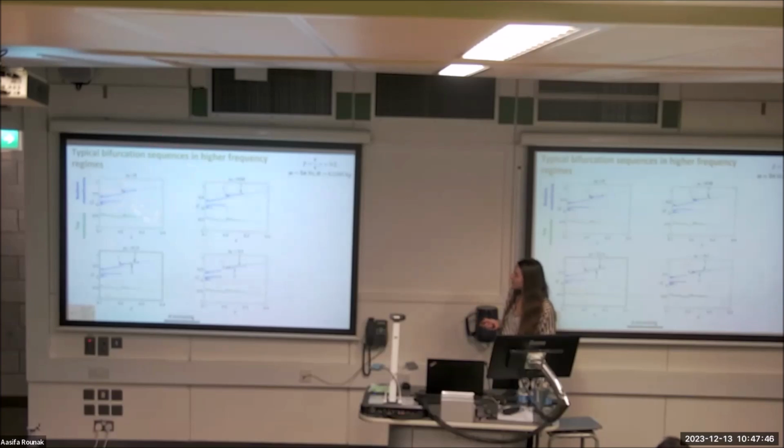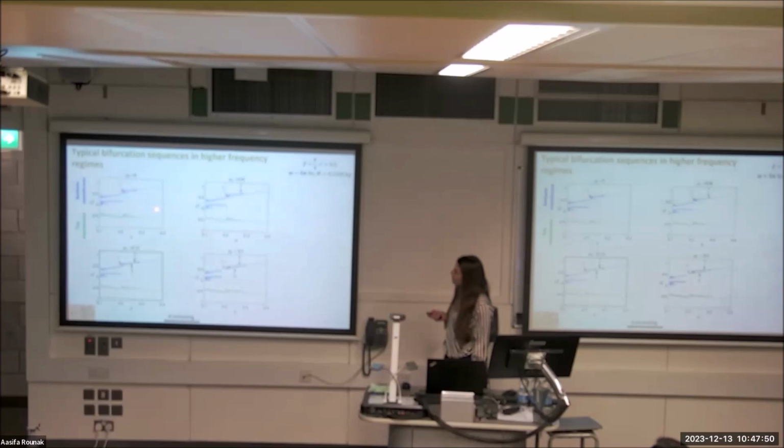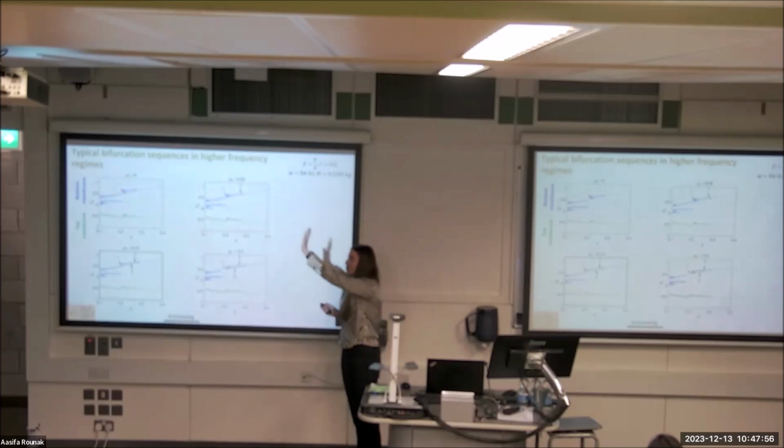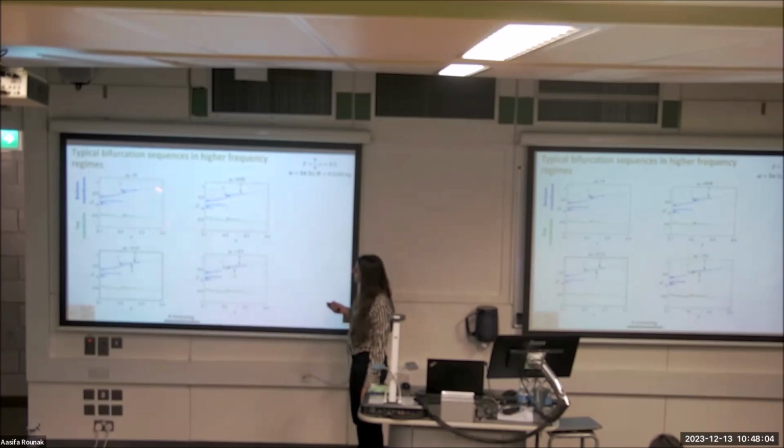Rachel already showed a little bit of that because this is the case where there's no friction. So we can start with a 1-1 motion. I have everything very color coded. So blue is going to be an impact at the bottom membrane. Green is going to be an impact at the top. And so you see here at high values of D, we have 1 dot at the top, 1 dot at the bottom.